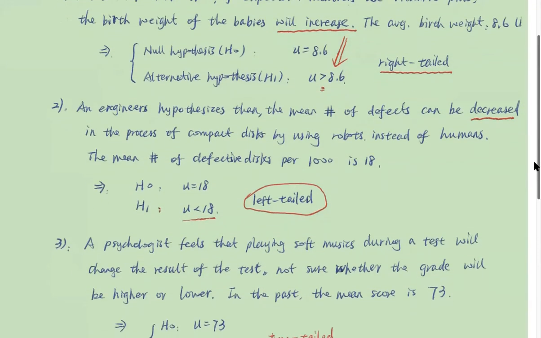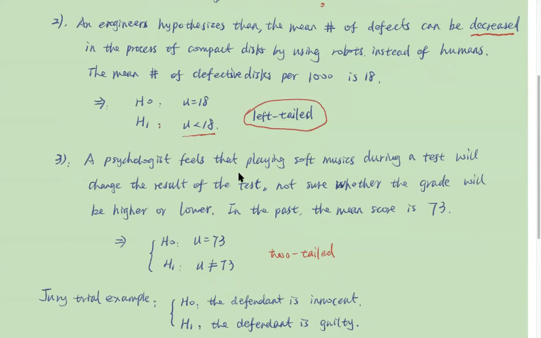Example number 3. A psychologist feels that playing soft music during a test will change the results of the test, but is not sure if it's higher or lower. In the past, the average score is 73. Based on this information, we can write down H0, the null hypothesis: mu is equal to 73, the one we are given here.